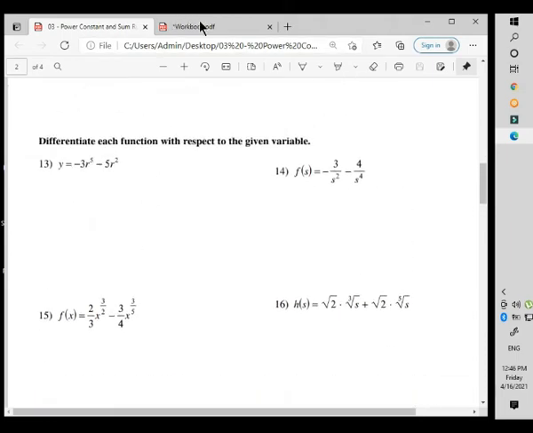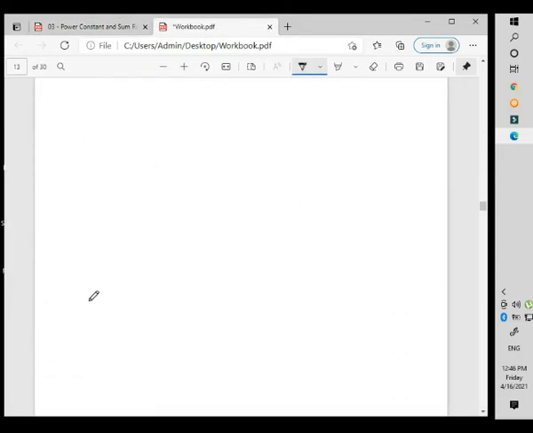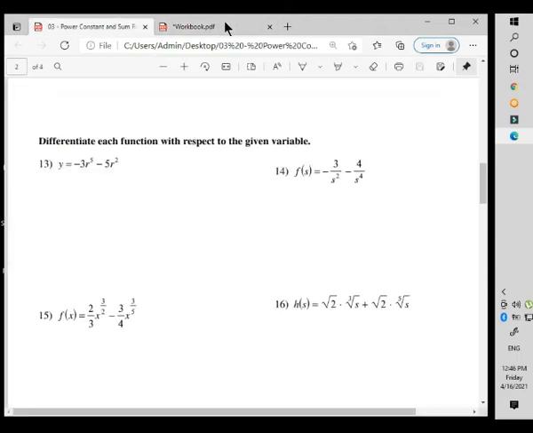Number 13, y is equal to minus 3r to the 5th minus 5r squared. So if you remember all of that. Sometimes the pen I'm using just glitches and I have to wait.